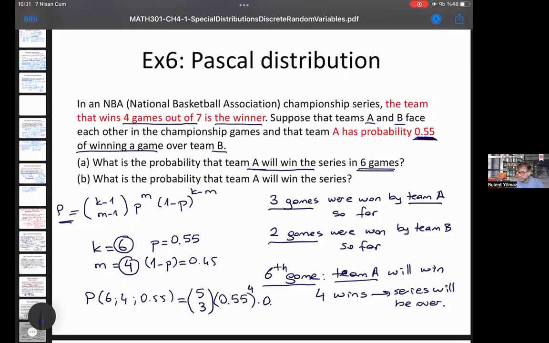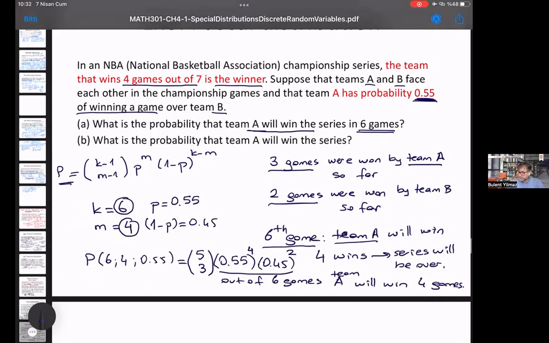And then the other team, they're also a good team, and they need to win 2 times, right? Out of 6 games, team A will win 4 games and team B will win 2 games. Okay, that's the main idea here. Does this make sense, my friends?